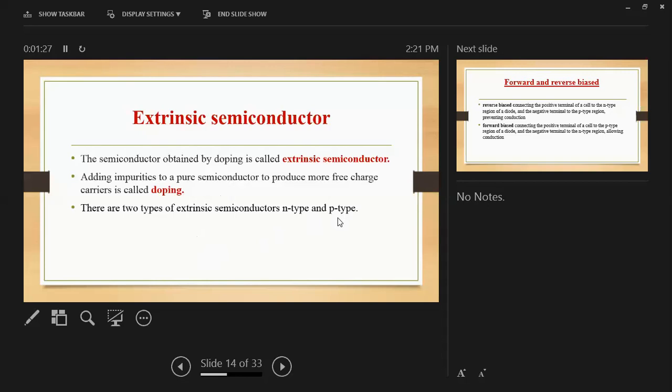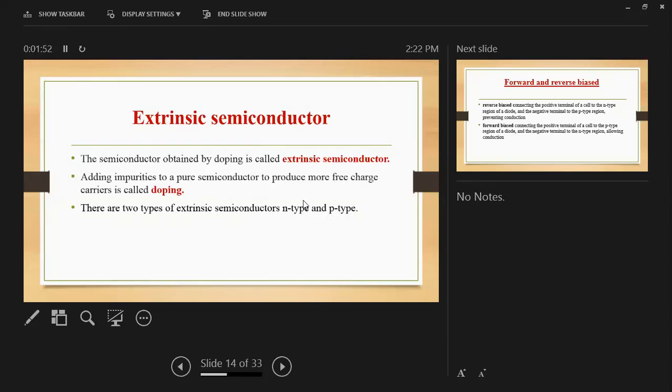For N-type, the majority charge carriers are electrons. For P-type, the majority charge carriers are holes. Remember, semiconductors have both positive and negative carriers. We call the negative carriers electrons and the positive carriers holes.